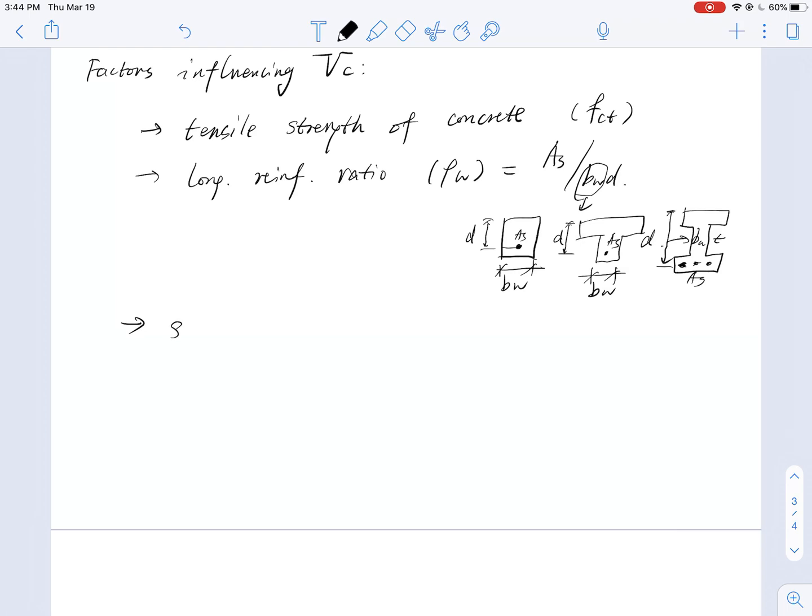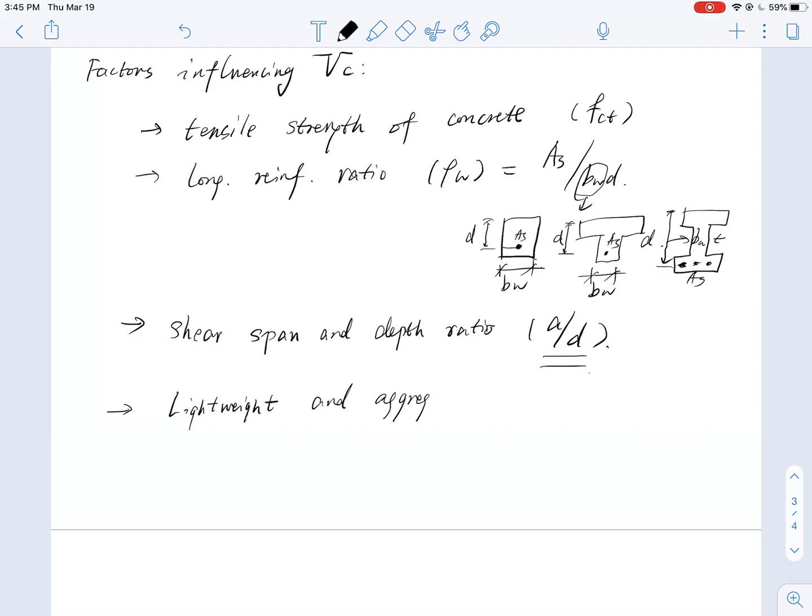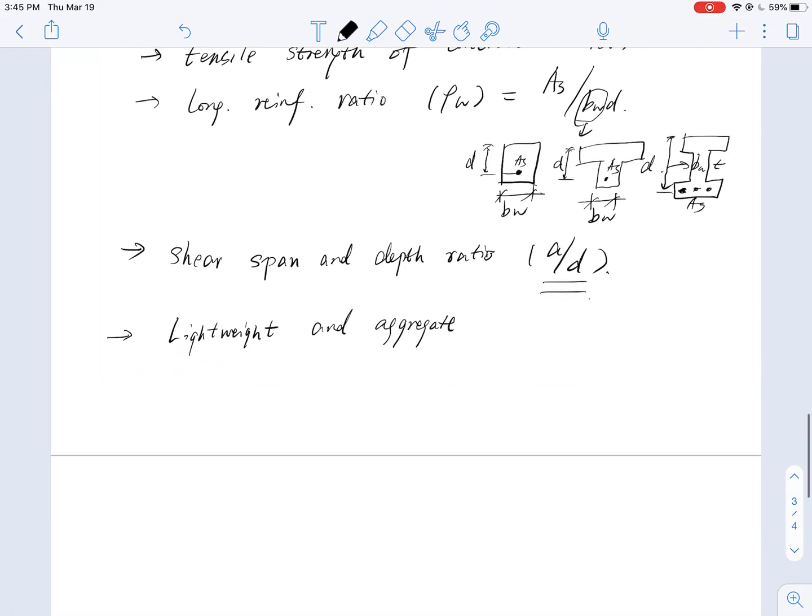Now we also have to worry about the shear span and depth ratio, a over d. We'll talk about this later. And also we have to talk about the effect of lightweight and also aggregate. Of course, since we have aggregate interlocking, we have to worry about maximum aggregate size.